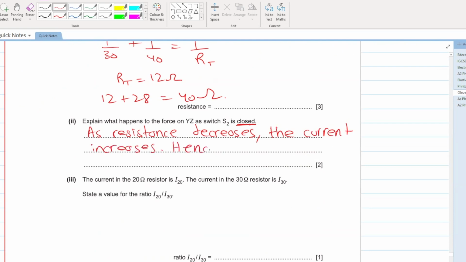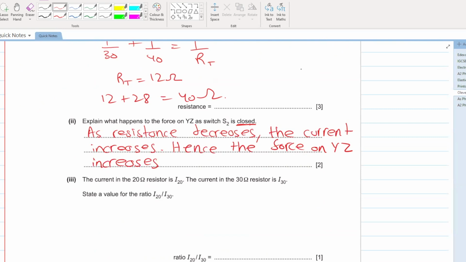Hence, the force on YZ increases as well. Simple as that. Okay. Let's move on to the last part.